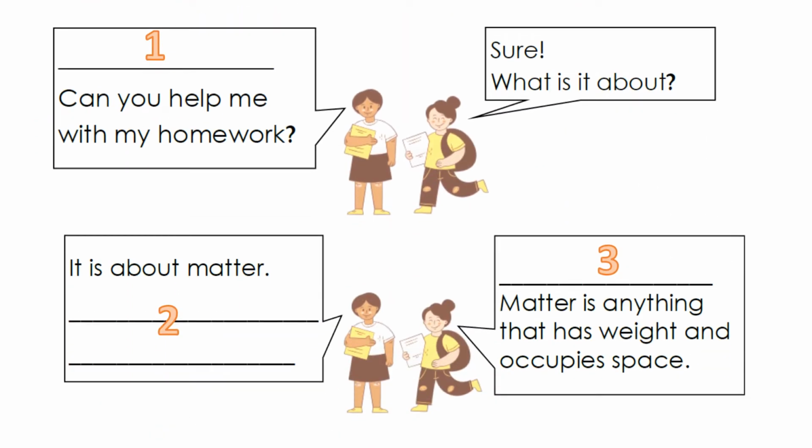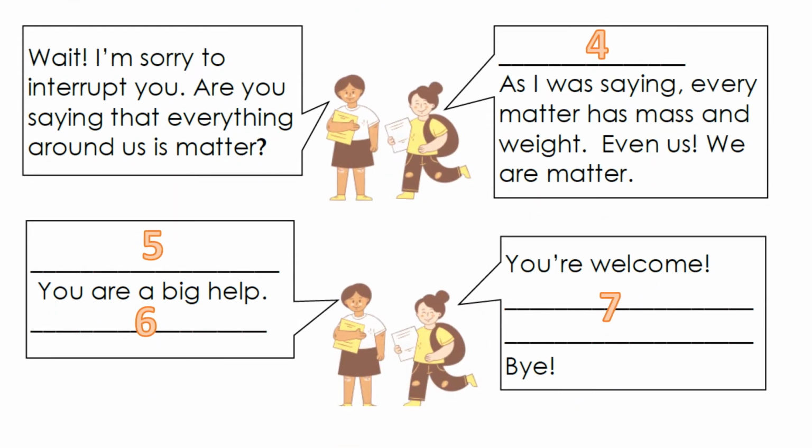Below the box, you can see the dialogue. And there are blank spaces where you are going to write your answer to complete the dialogue. We can see that we have 7 blank spaces.